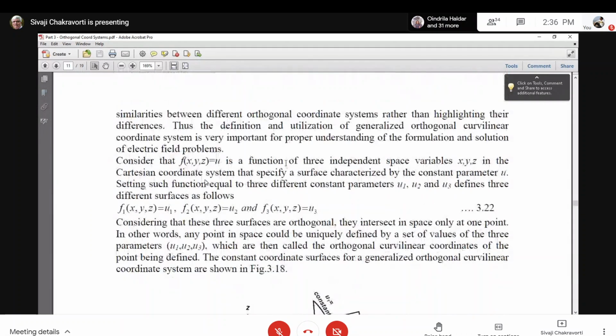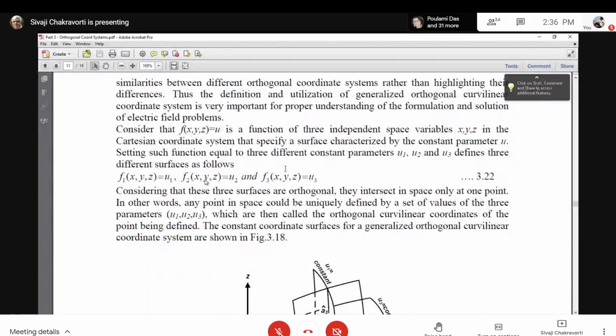Okay, now let us move into it. What we are saying is that consider f(x, y, z) equal to u, a function of three independent space variables x, y, z. We can always assume that. Of course, here x, y, z means the Cartesian coordinate system.